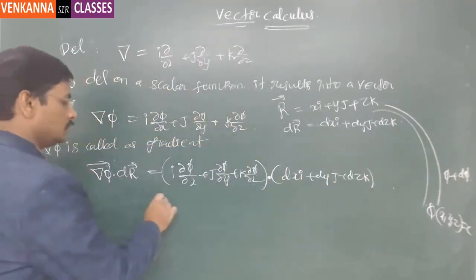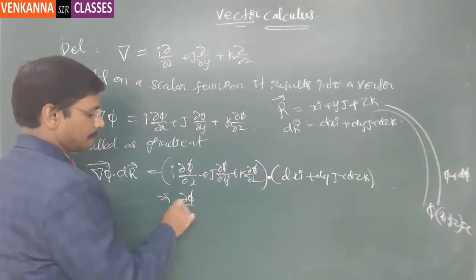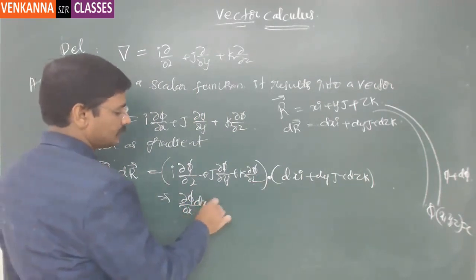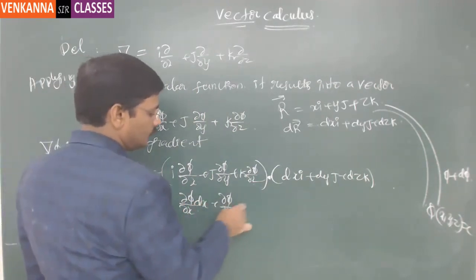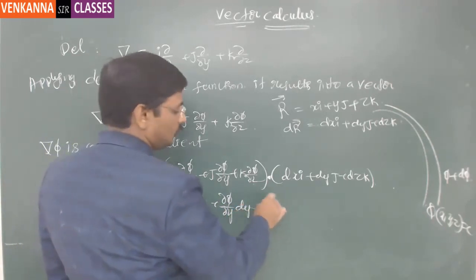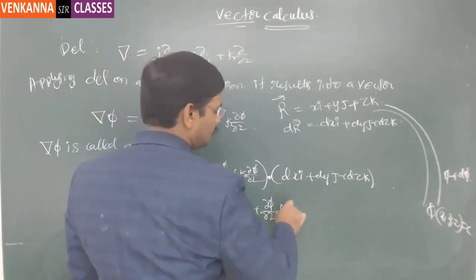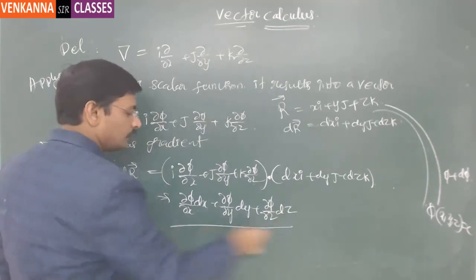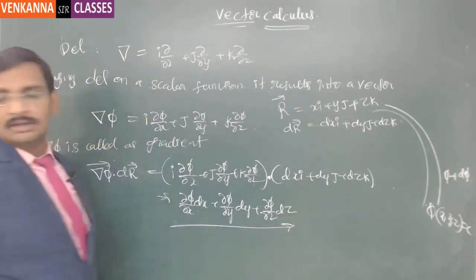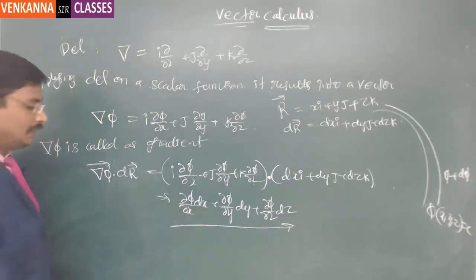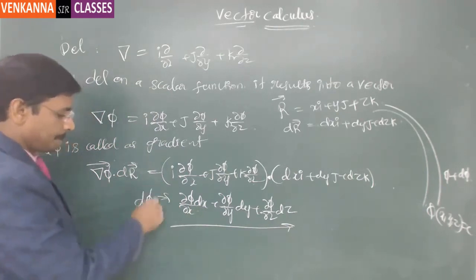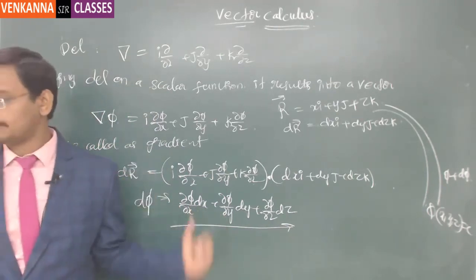Now, this is ∂phi/∂x into dx plus ∂phi/∂y into dy plus ∂phi/∂z into dz. Now, if you carefully look at this, this is nothing but the functional derivative d phi.